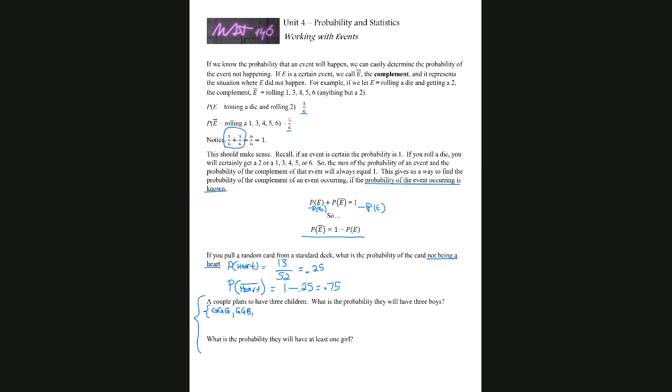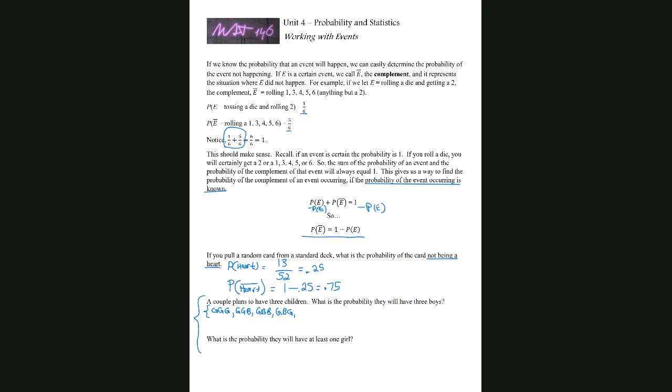They could have 1 girl and 2 boys, right? They could have a girl, then a boy, and then a girl, right? So they could have three girls in a row. They could have two girls and then a boy. They could have a girl and then two boys. They could have two girls, but then they could have the boy in between.